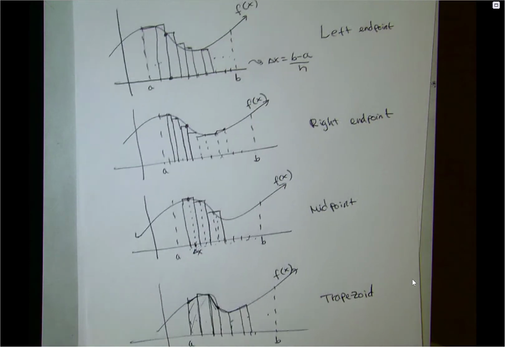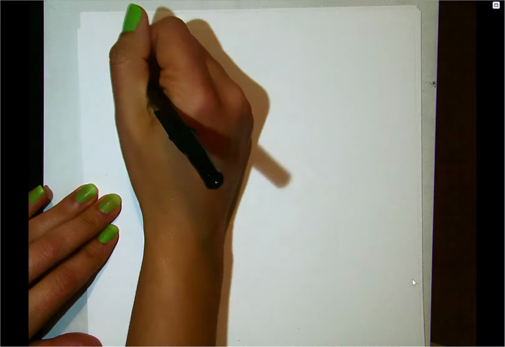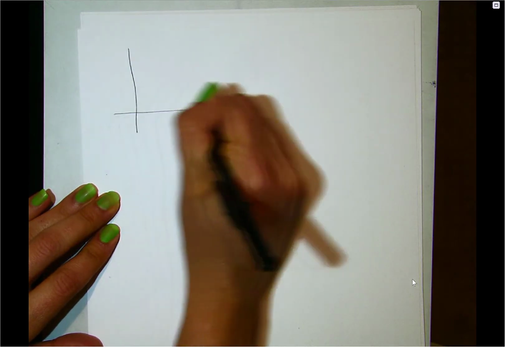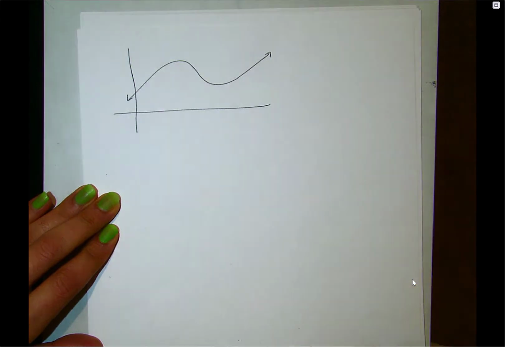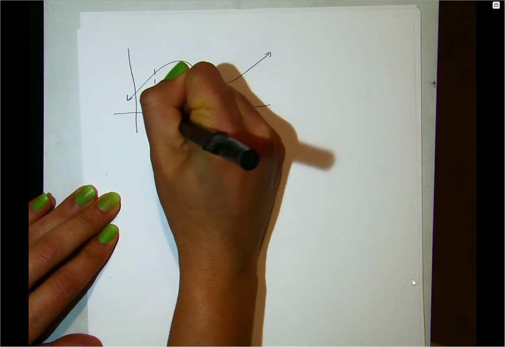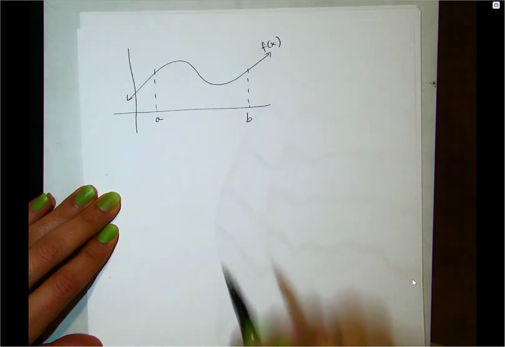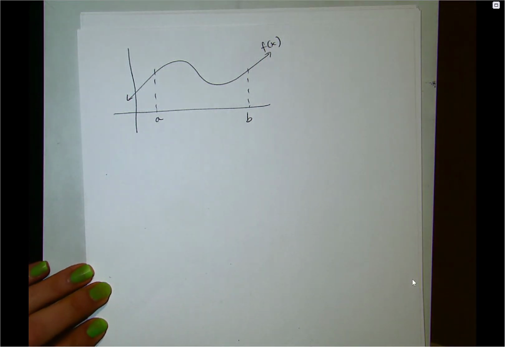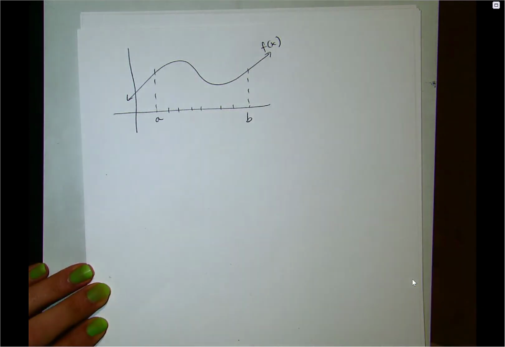So what does Simpson's rule use? Simpson's rule uses parabolas to approximate the area under the curve. So if I have the same function, some function from a to b, we're still gonna chop it up into equal pieces.